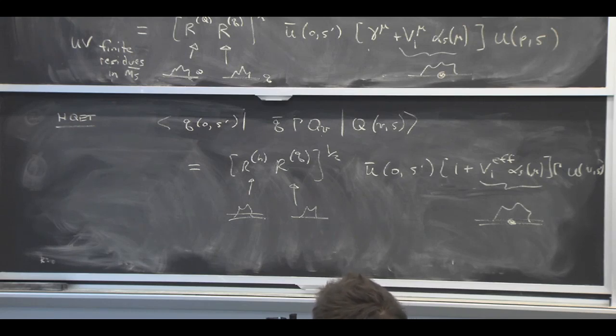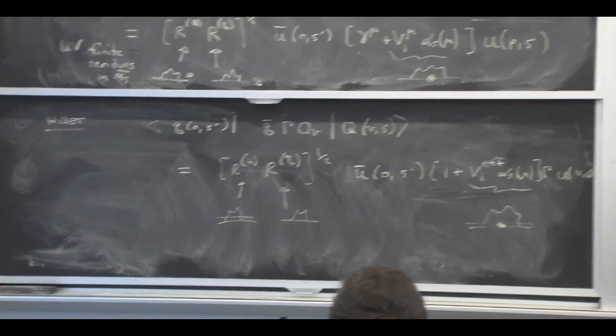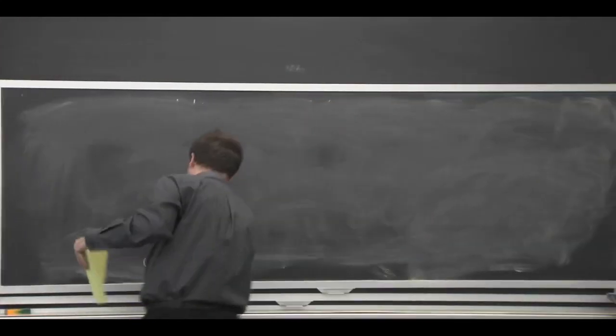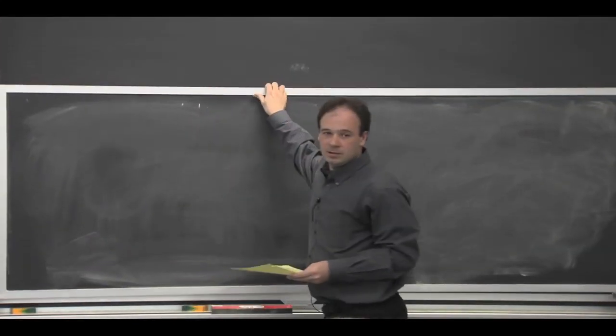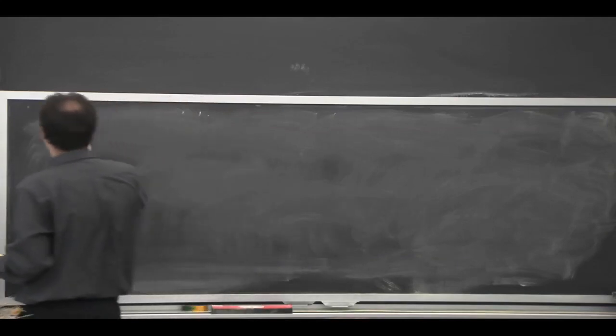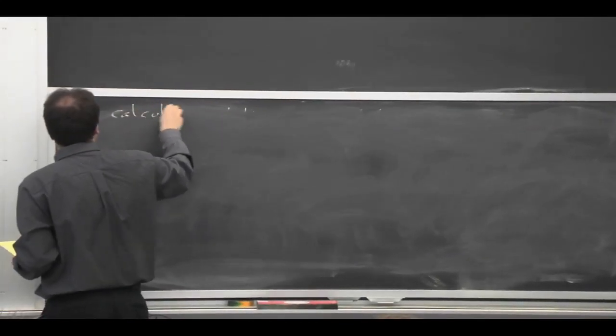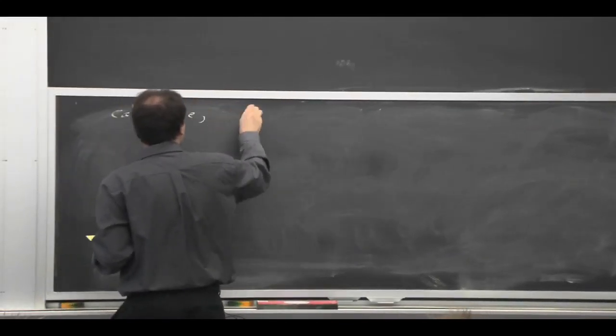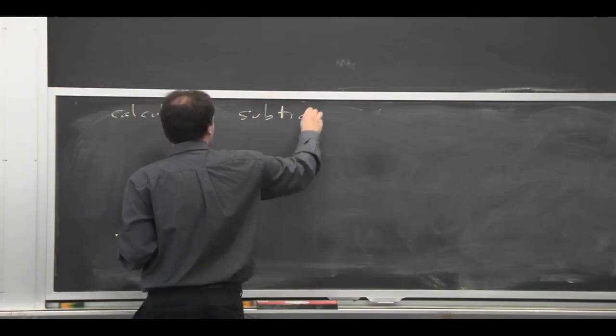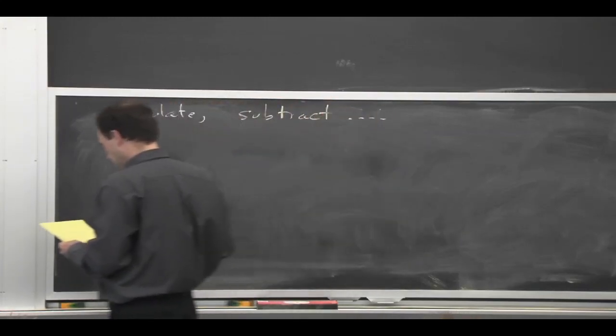So we could carry out the calculations of those loop diagrams, and then we could subtract, and we could see what's left over, and whatever is left over is the Wilson coefficient. Okay, so very similar to what we did before. Calculate, subtract.